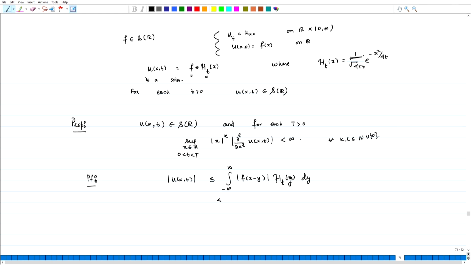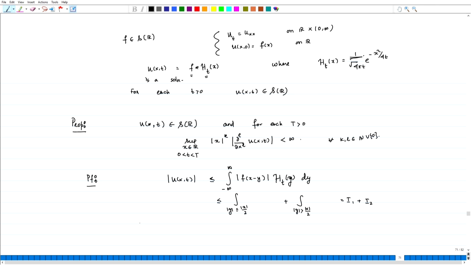Now I break this y integral into two parts: the integral over mod of y lesser or equal to mod of x by 2, and the integral over mod of y greater than mod x by 2. So this is I1 plus I2.